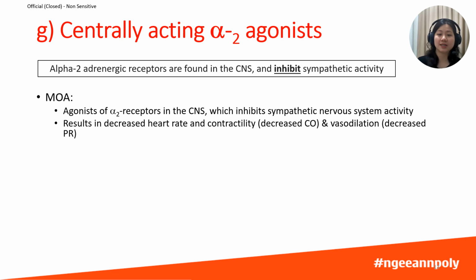This results in decreased heart rate and contractility, which decreases cardiac output, and causes vasodilation, which decreases the peripheral resistance. Examples of such drugs are clonidine and methyldopa.